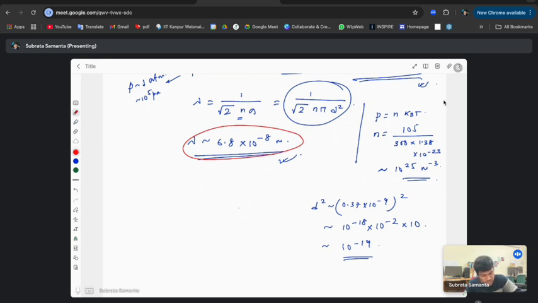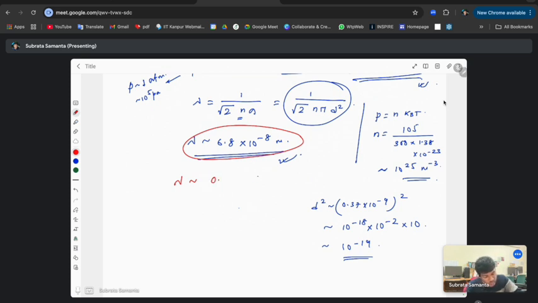I think this lambda is basically 0.68 nanometers. Sorry, 0.068.